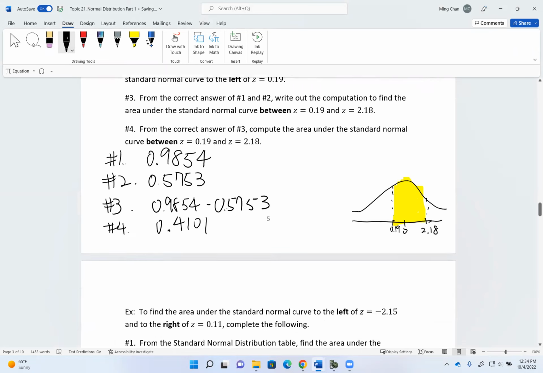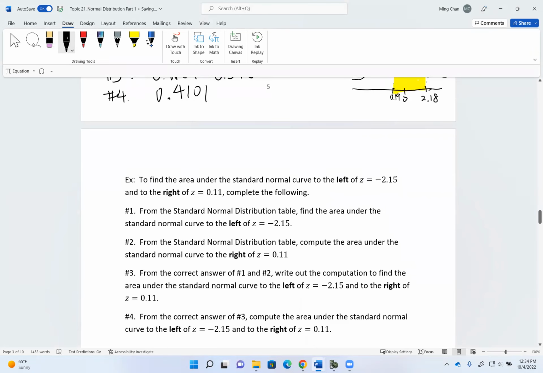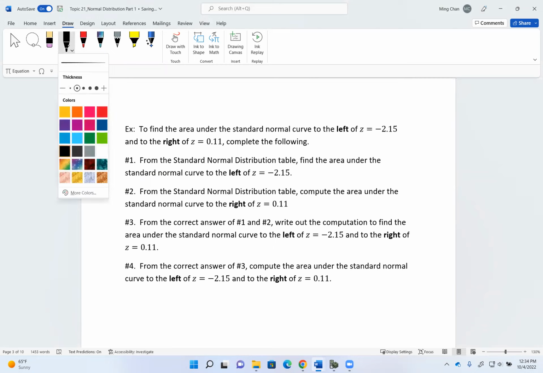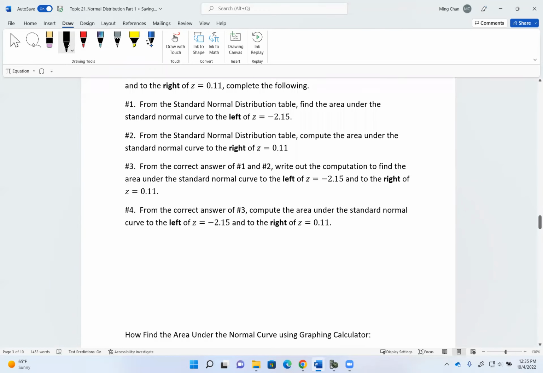There you go. All right, so let's find the area to the left of one z-score and then to the right of another. So the idea here is to add up the two areas to find the total. So from the standard normal distribution, we'll find the area under the standard normal curve to the left of the smaller one. Negative 2.15 is smaller.